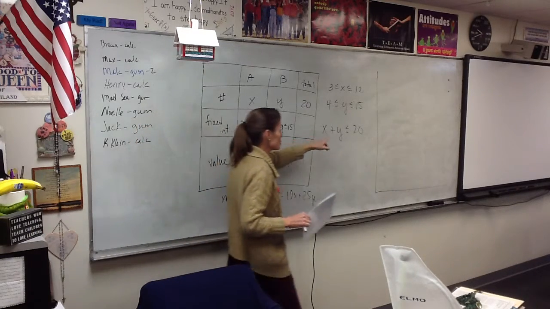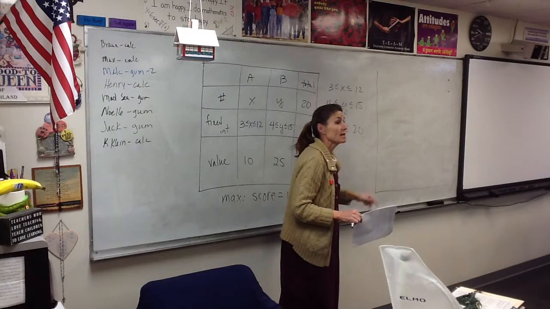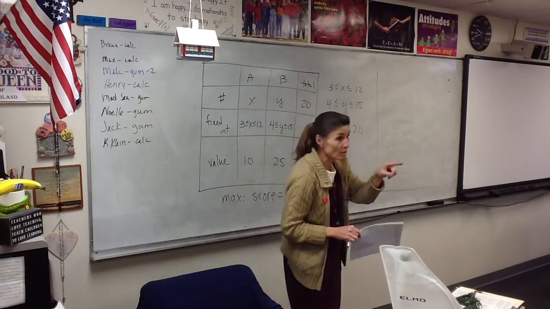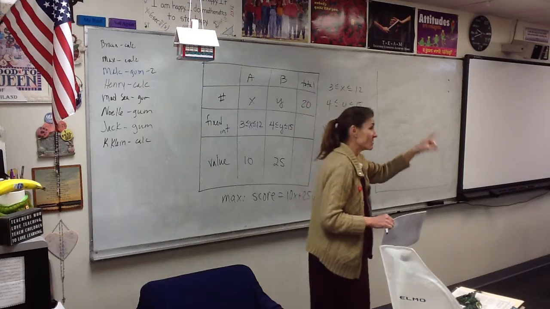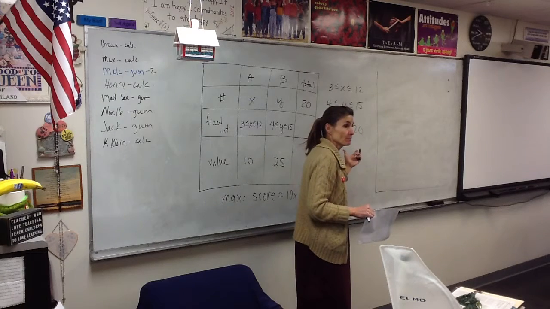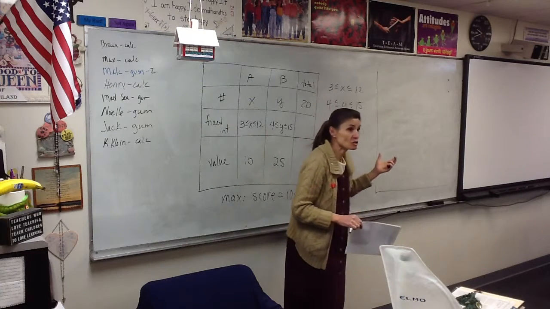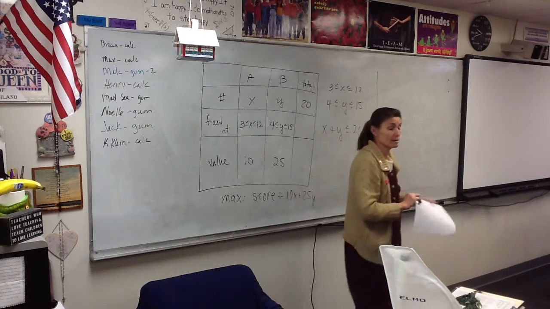Also, pay attention. Should this be a less than 20 or greater than 20? Less than. It's less than, but sometimes it's greater than, right? You have to read the problem. No more than means you have to be less than that number. At least 20 would mean you have to be bigger than 20.